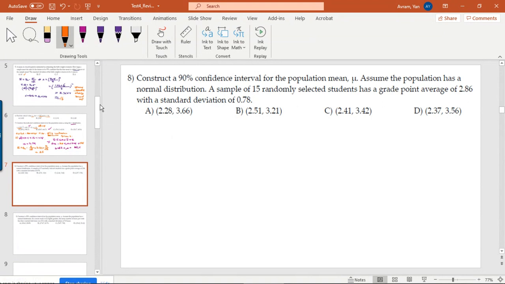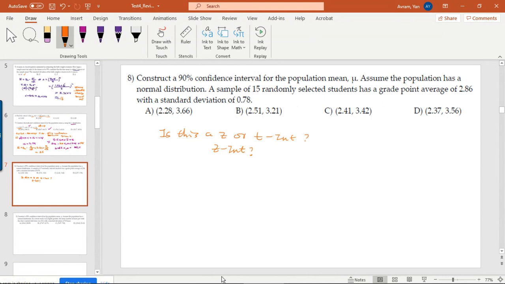The challenge is identifying: is this a Z or T interval, and why?